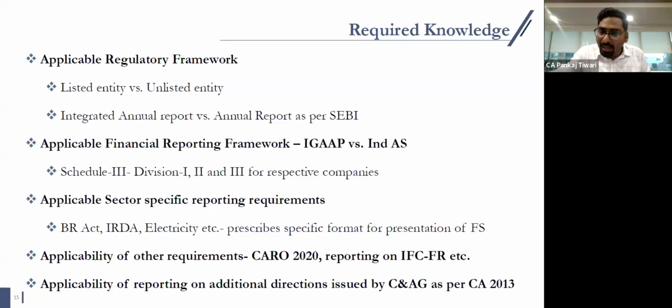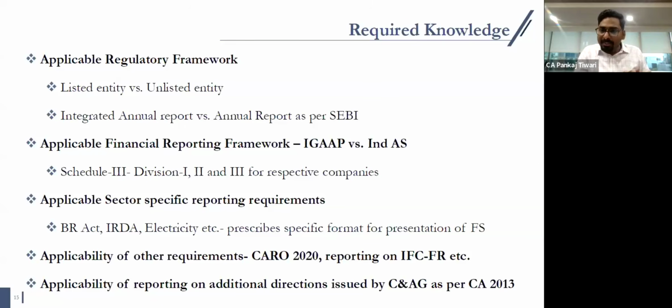Whereas if you're reading an IGAP annual report, you don't need to work on this matter as such. So it is important for you to understand which framework the company is currently reporting under, whether it is reporting in Ind AS or under IGAP. Then the applicable financial reporting framework, which is IGAP versus Ind AS, which we just discussed.